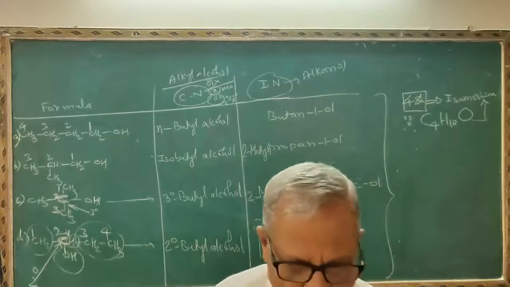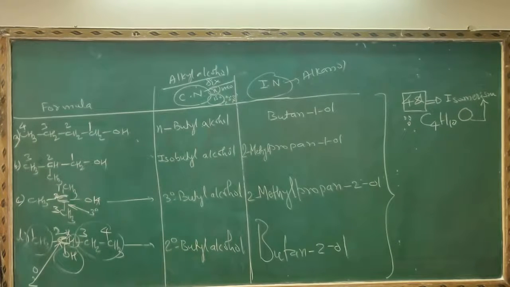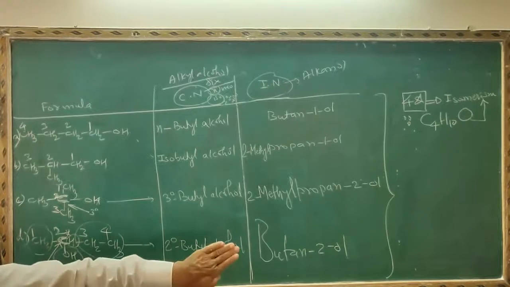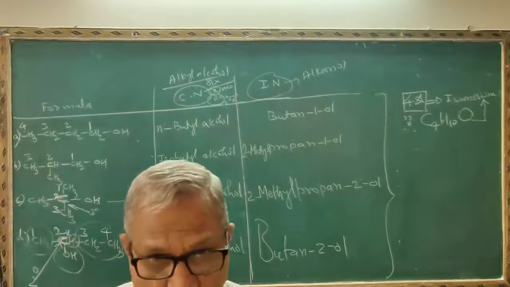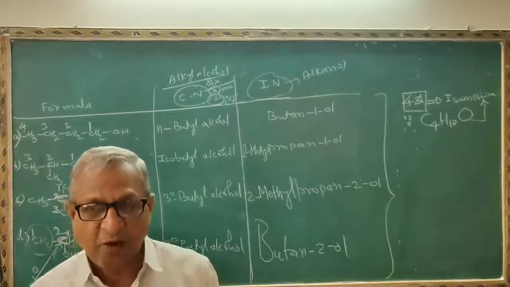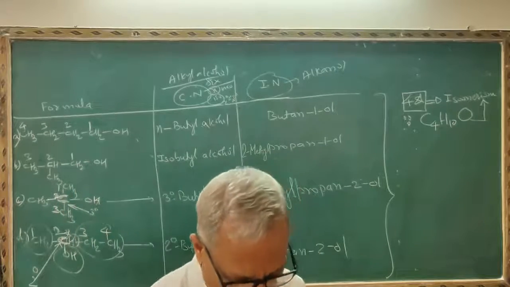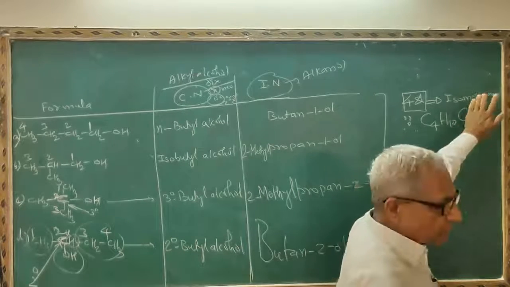And you know the definition of isomerism. Compounds having same molecular formula but different structural formulae are known as isomers of each other, and the whole property or phenomenon is known as isomerism. Therefore, I will set the question on isomerism.